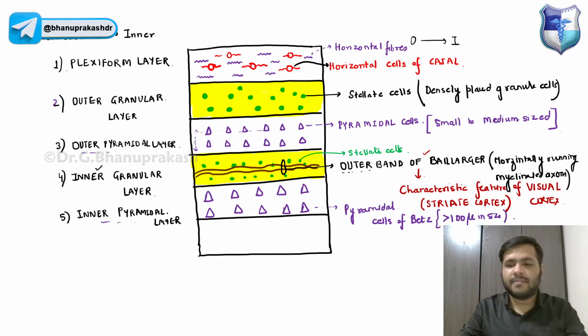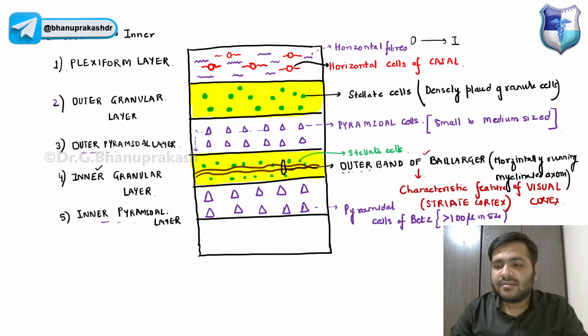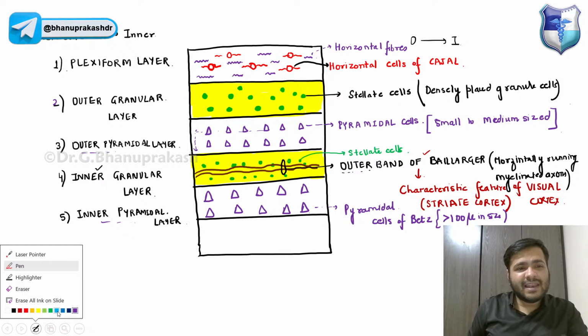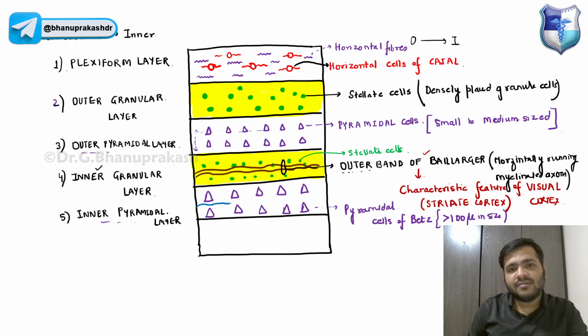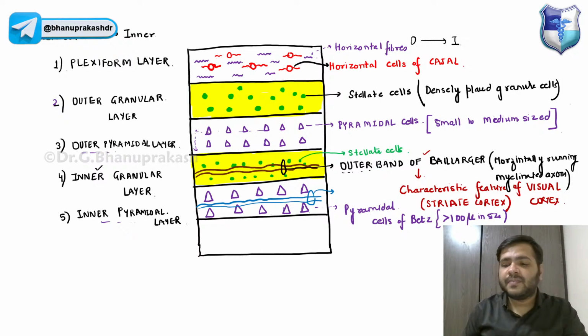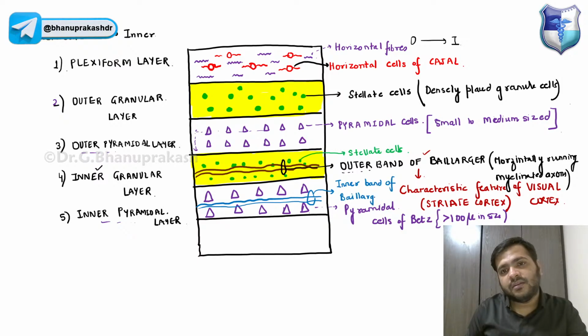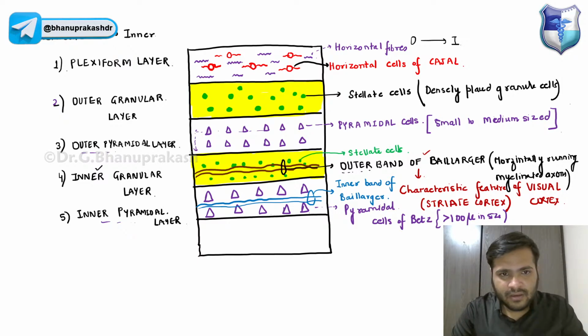Also remember that we have a very light band passing in this layer, and this is called the inner band of Baillarger.